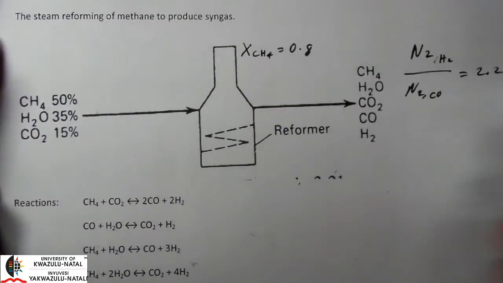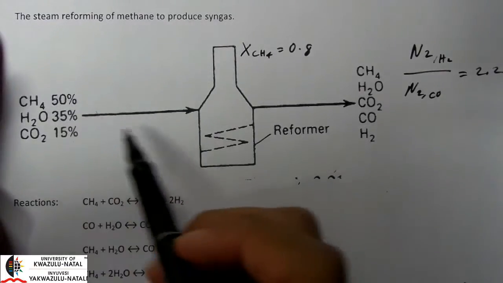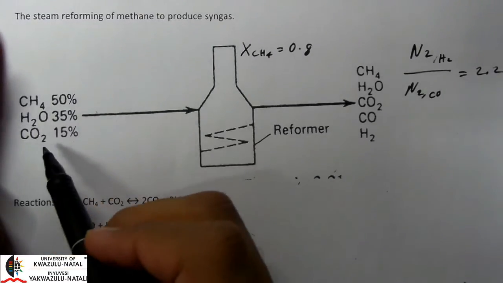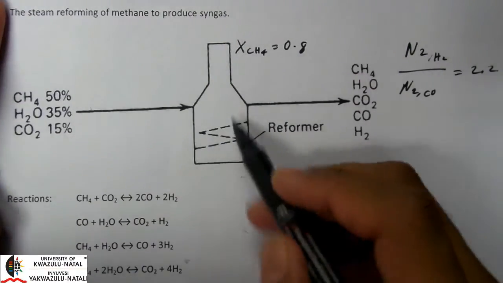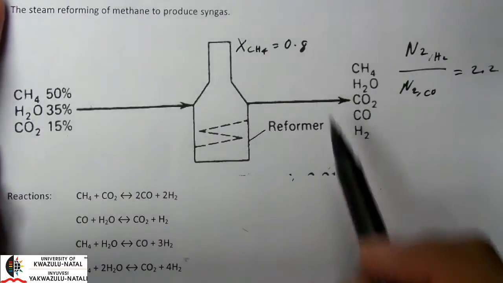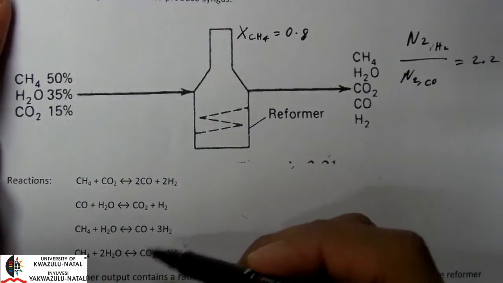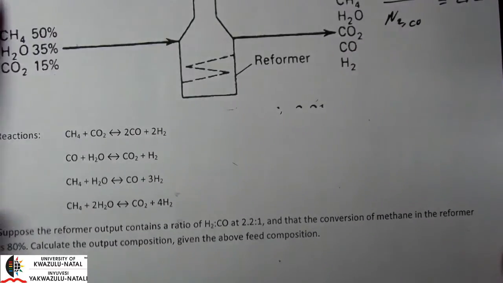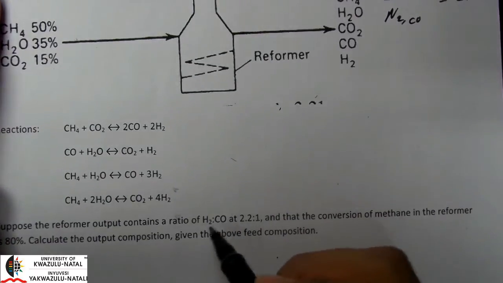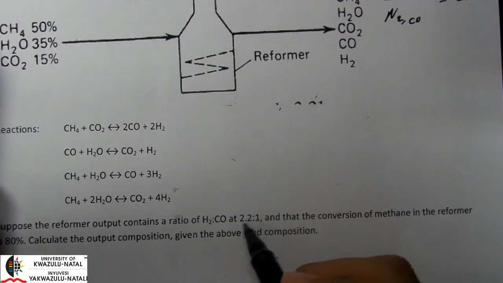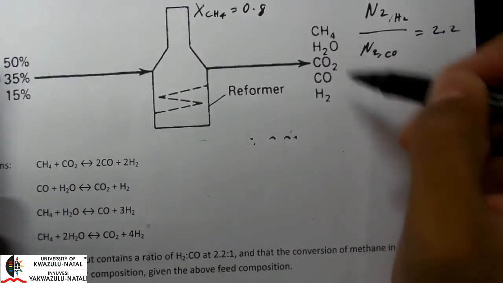So if I have my CH4 coming in together with water and CO2, and it's being sent to a reformer, and at high temperatures we have the following reactions occurring. And the reformer output is also stated to contain a ratio of hydrogen to carbon monoxide of 2.2:1. So these are my outputs here.